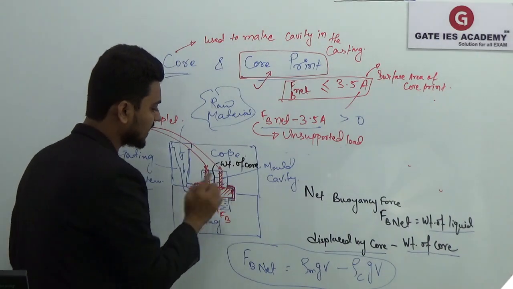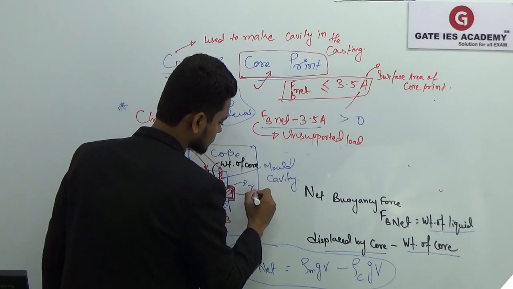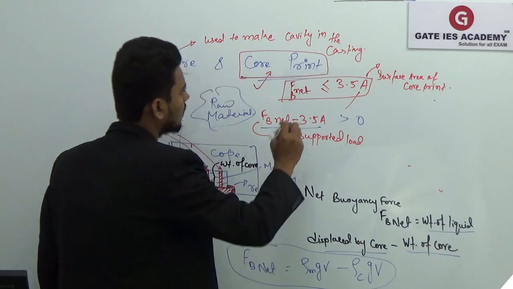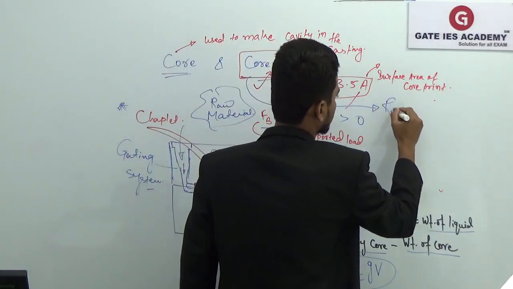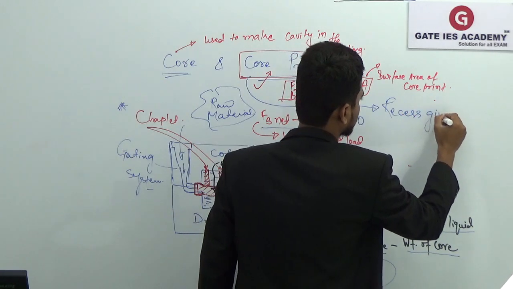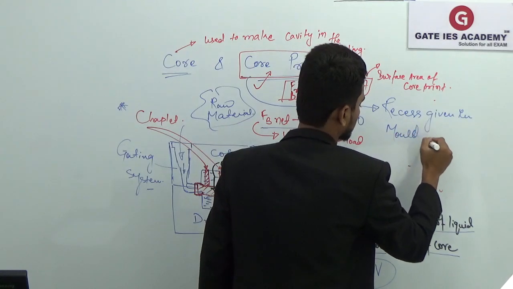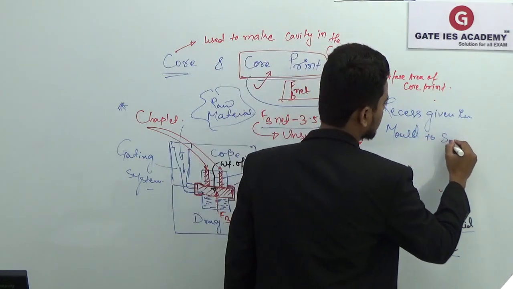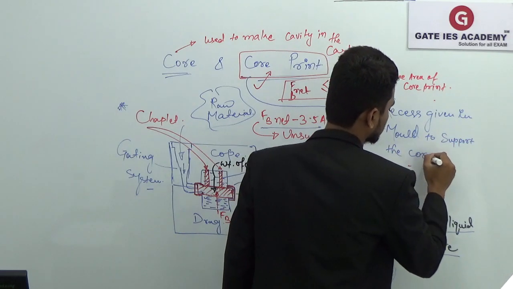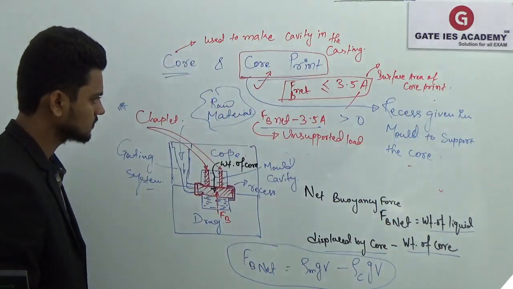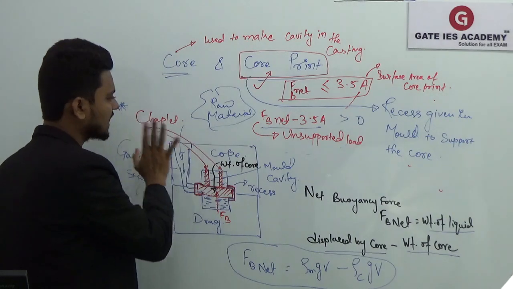The core print is given in the mold to support the core. So when this core print is not able to support that core, we'll use that chaplet.